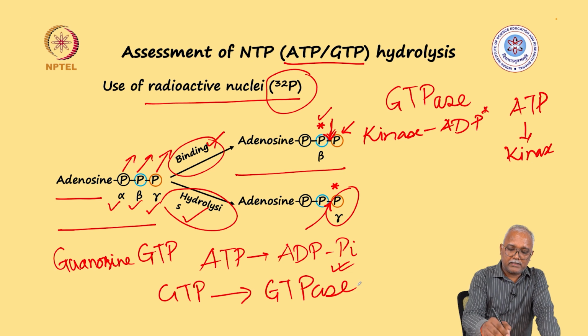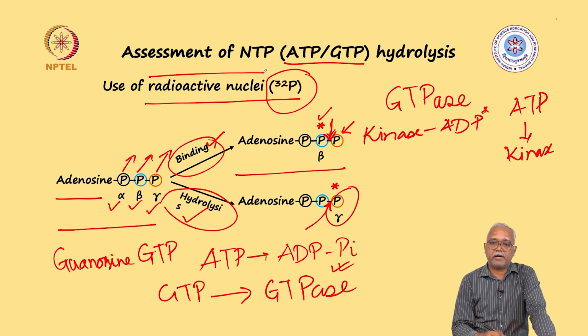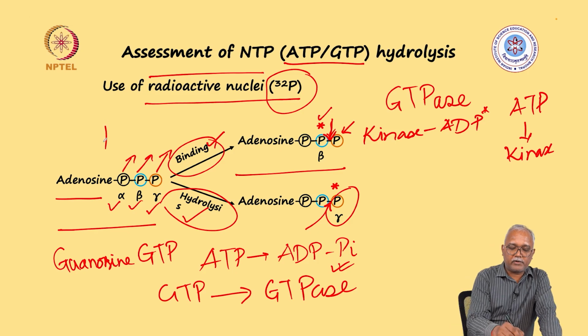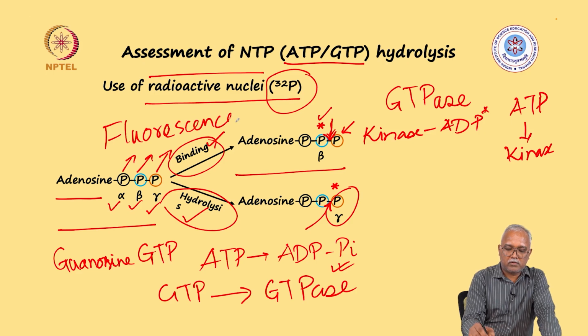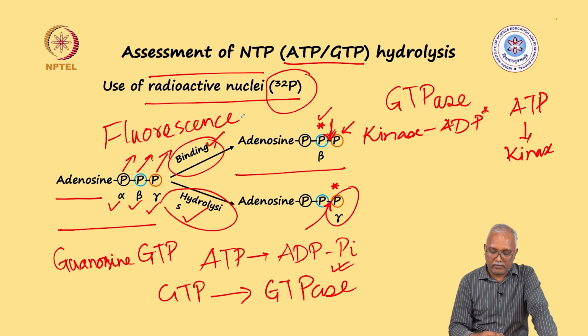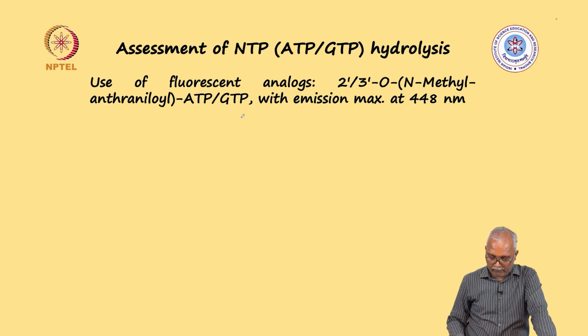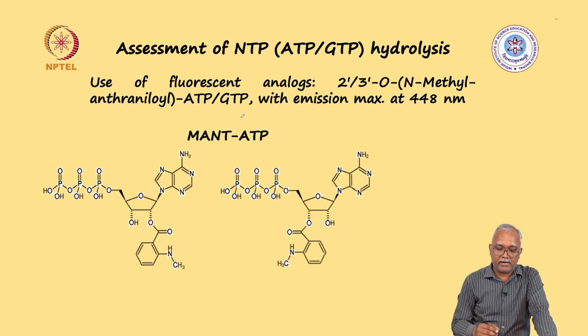But nowadays radioactivity is not preferred. There are better versions which are fluorescence dependent, which are not harmful. So, there are ways where people have generated fluorescent versions of these ATP and GTP analogs.